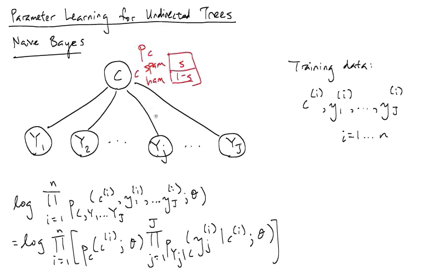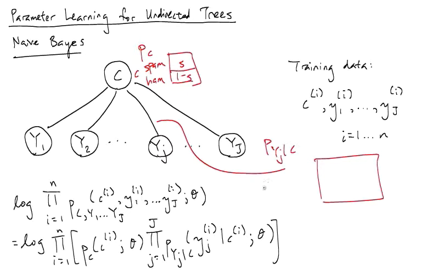So in particular, for the jth edge right here, the table we were trying to learn was P of y_j given C, where C is either spam or ham. We have y_j here as 0 and 1, and for spam this is 1 minus q_j and q_j, and for ham we had 1 minus p_j and p_j.